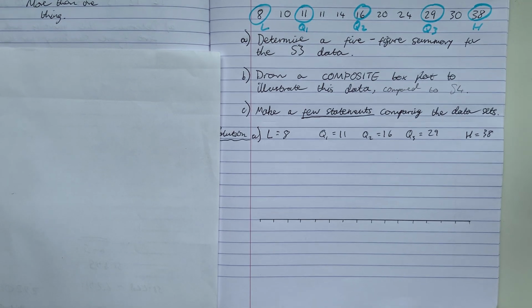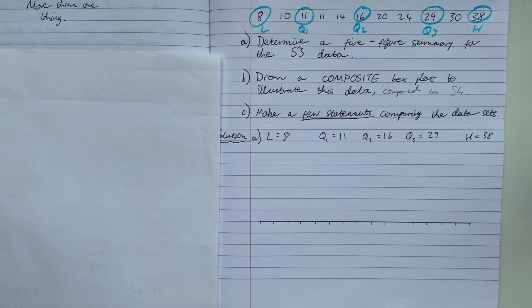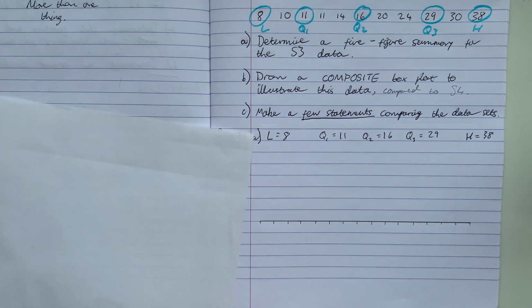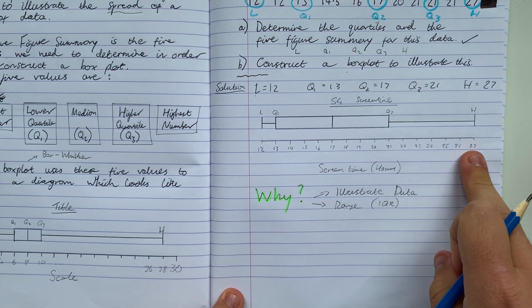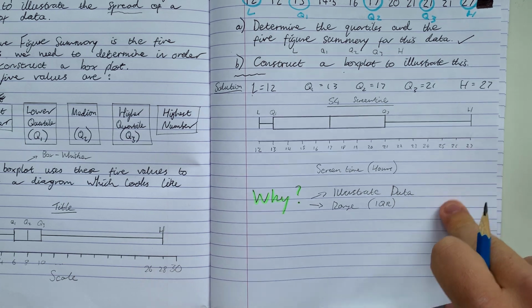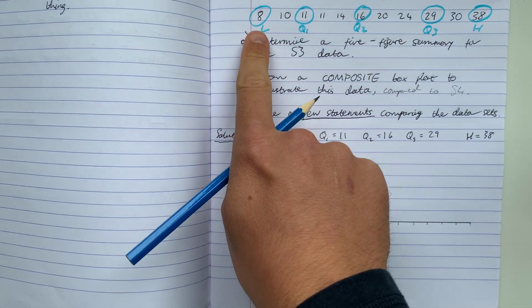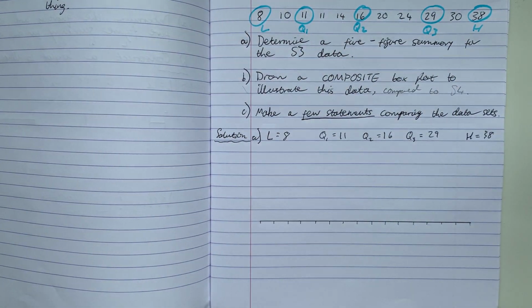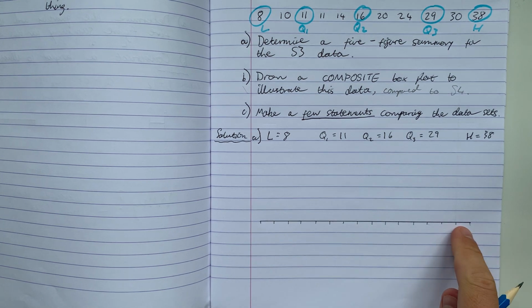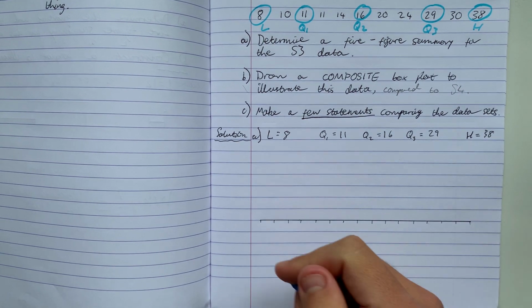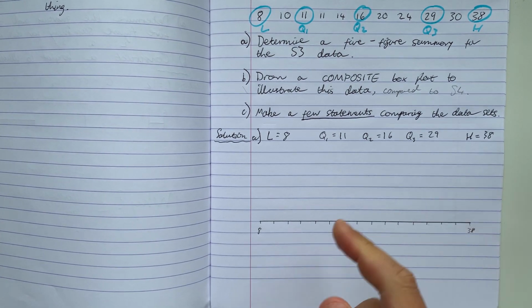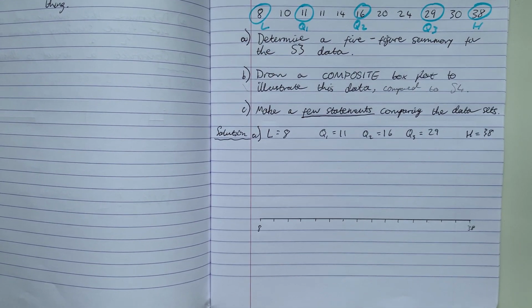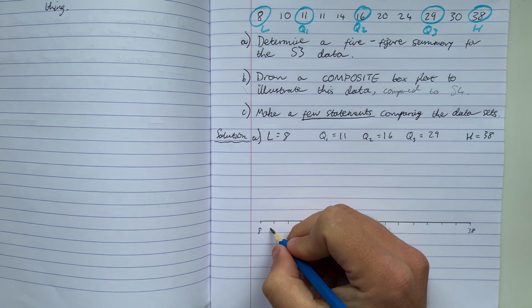Okay, so if I'm comparing it to the S4 data, well, we know from our previous box plot that we went from 12 to 27 for that one. So that was a gap of 15. But this one we need to go from 8 up to 38. So that's going to be a gap of 30. And we've got 15 intervals. So if I go from 8 up to 38, a range of 30, with 15 intervals, I'm going to have to go up in 2s here.